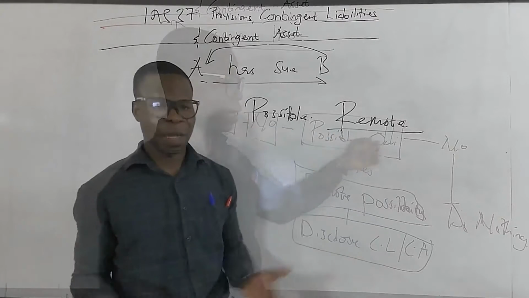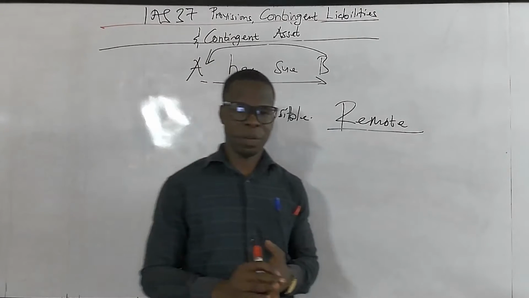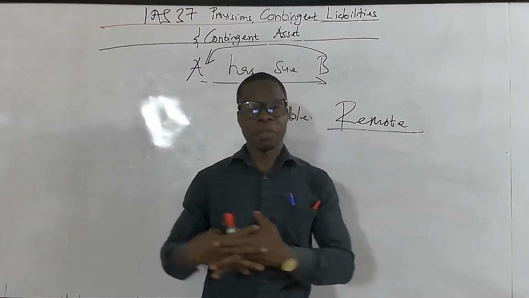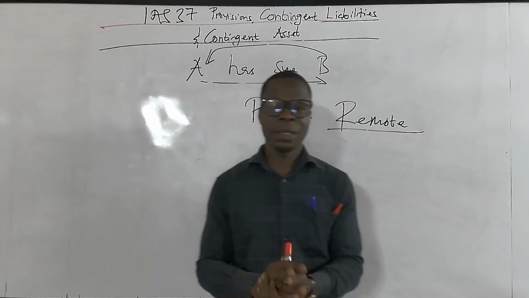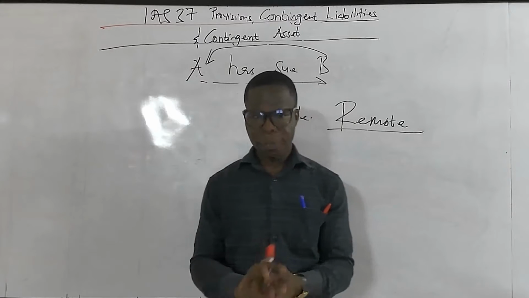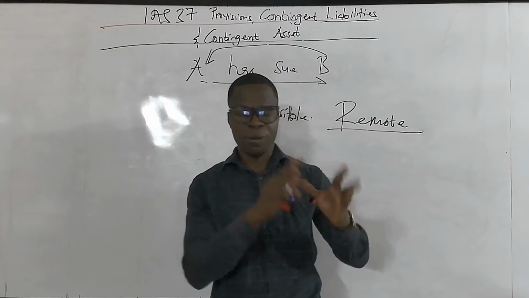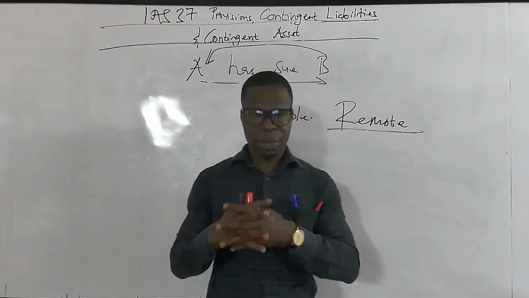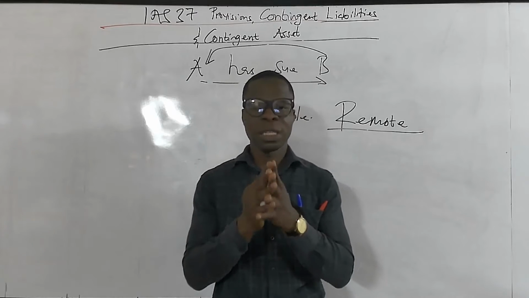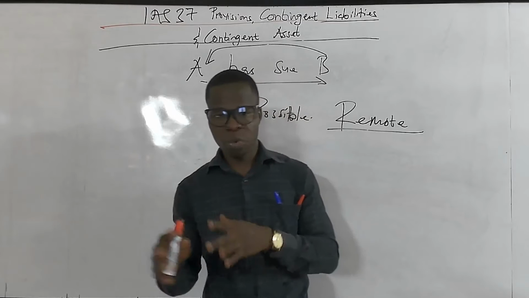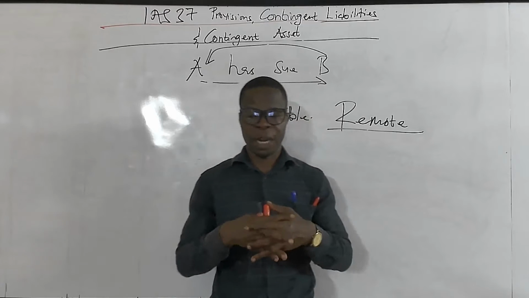So basically, this is about IAS 37. Remember that it has been split into 3 categories: provisions, contingent liabilities, and contingent assets. Provisions are treated separately because they are supposed to be recognized, whereas contingent liabilities and contingent assets are supposed to be disclosed in the notes to the financial statements.